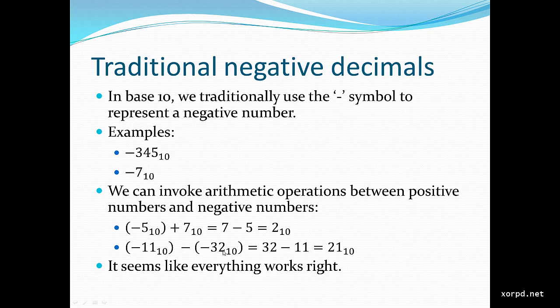That would actually equal minus (32 plus 11), because twice the minus becomes a plus, and we get eventually 43 in base 10. And it seems like everything works just right in the old way, so why would we want to try something new? Well, I think you should consider a new way to do it, and we are going to present it here.